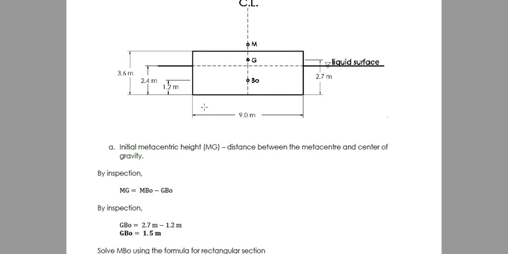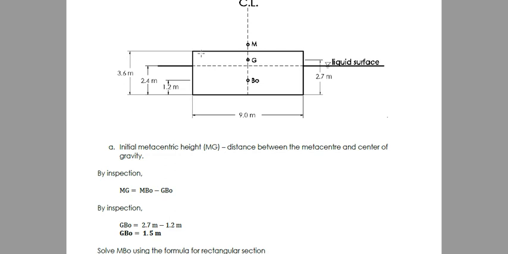And of course, Bo would still be located at the centroid of the displaced volume. The draft is given to be 2.4 meters, so Bo is equal to 2.4 divided by 2, that is 1.2 meters from the bottom of the scow. The height of our scow is 3.6 meters.